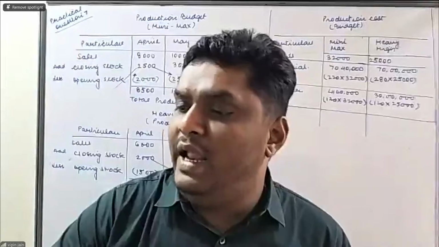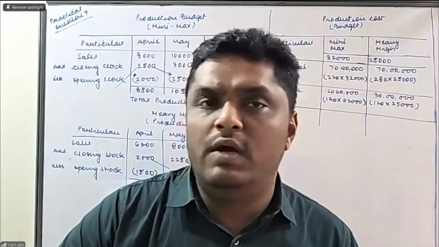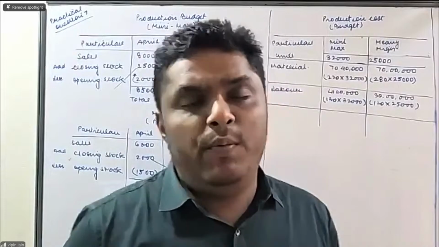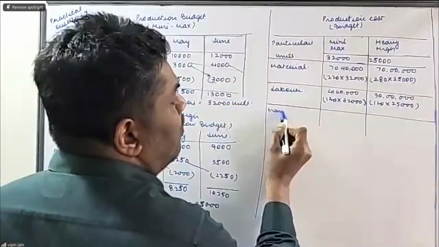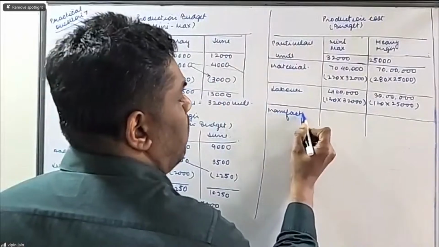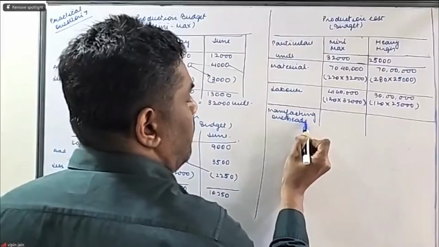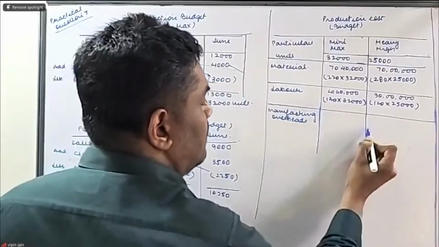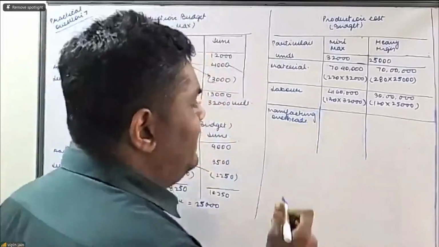See, this is for the entire budgeted production, that is 1,80,000 and 1,20,000. So we will calculate the proportionate manufacturing overheads. So see, 4 lakh is for 1,80,000 units.